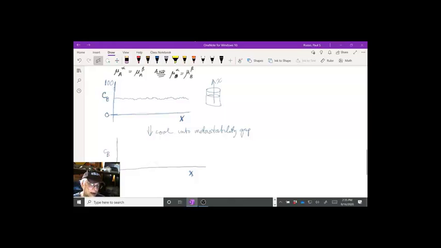So we said this is 100%, this is 0%. And I think we had this alpha phase down here, sort of like 0.1, so this is going to be our alpha composition. And then the beta composition was closer to 90, so this is going to be the beta composition. And we're clearly at neither one of these. When we start out up here at the top, before we have any phase separation, we don't have either phase.